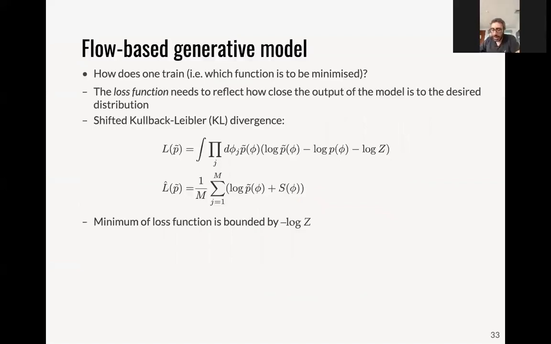And so what happens in a neural network implementation, if you use some package like TensorFlow, is that you need to compute the gradients of this loss function with respect to the parameters of the neural network.